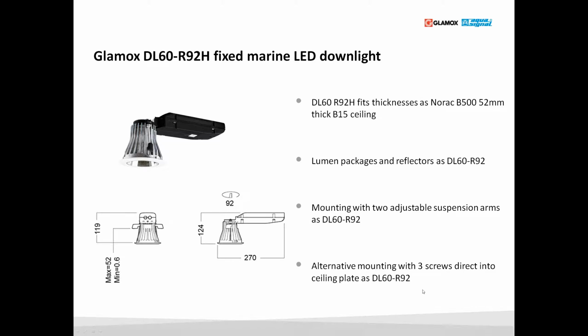And this has the same mountings as this one. The only thing here is that you have more space between here and there, so you can get it up in the 52 millimeter high ceiling. We have been selling some of these also, mostly for oil and gas as I've seen, but it's coming more and more.